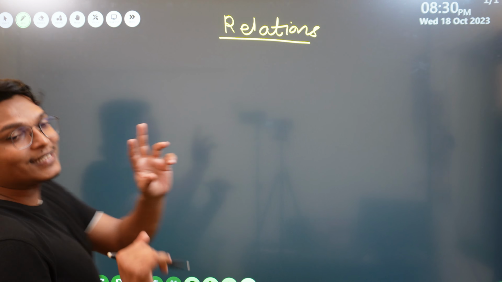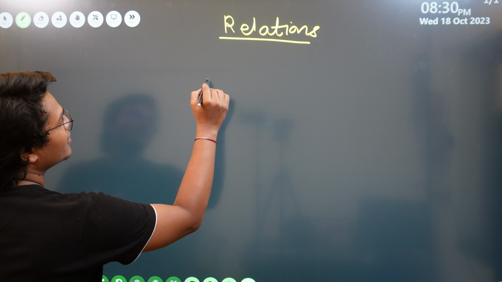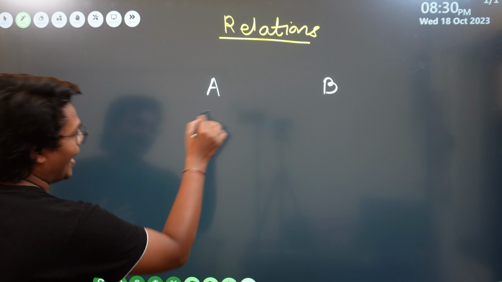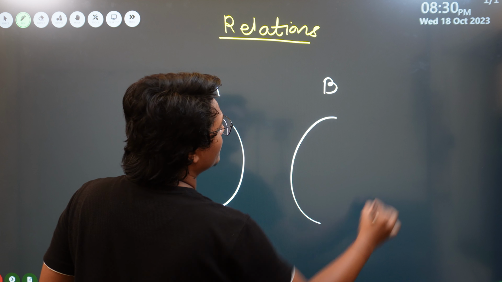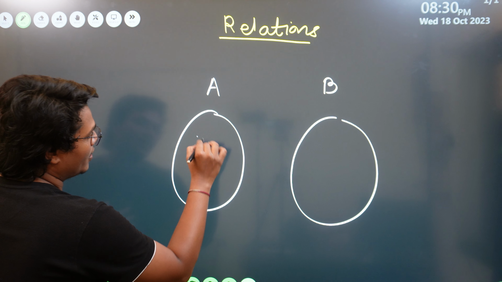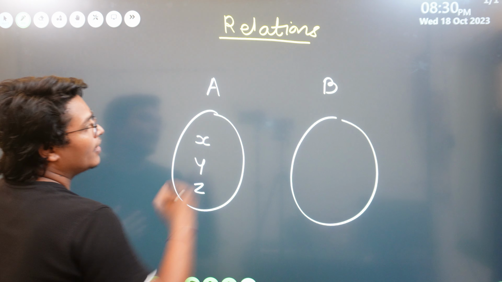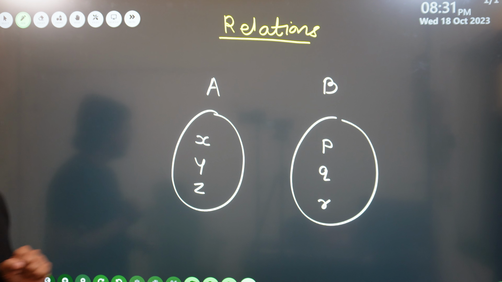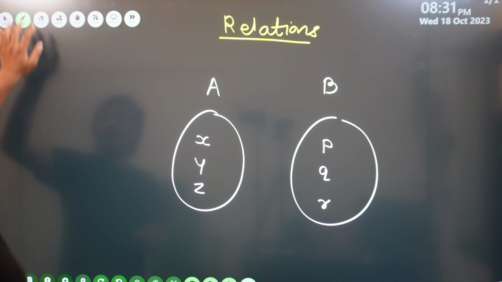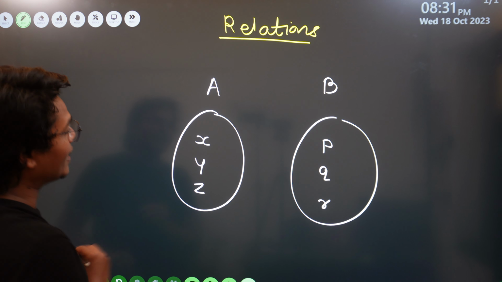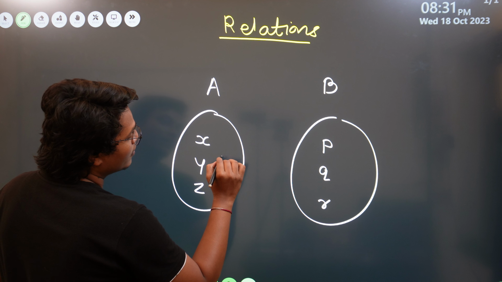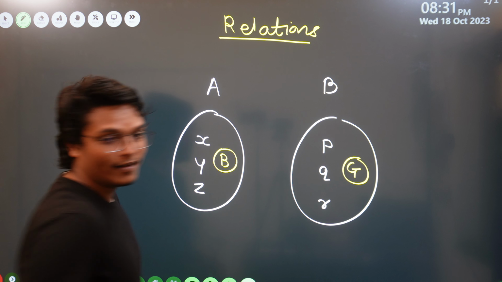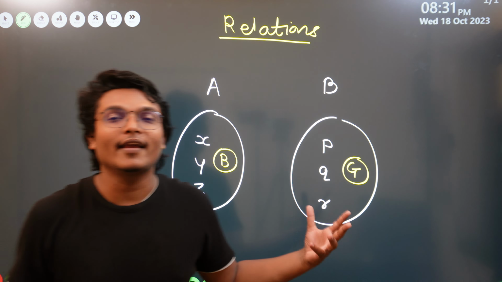See, we will take the example of two families. Let's say A is one family and B is the other family, and there are family members in each family. Here, the family members are X, Y, Z, and in family B, the members are P, Q, R. Within the same families, we have a bride and a groom, so we are taking the example of a wedding.